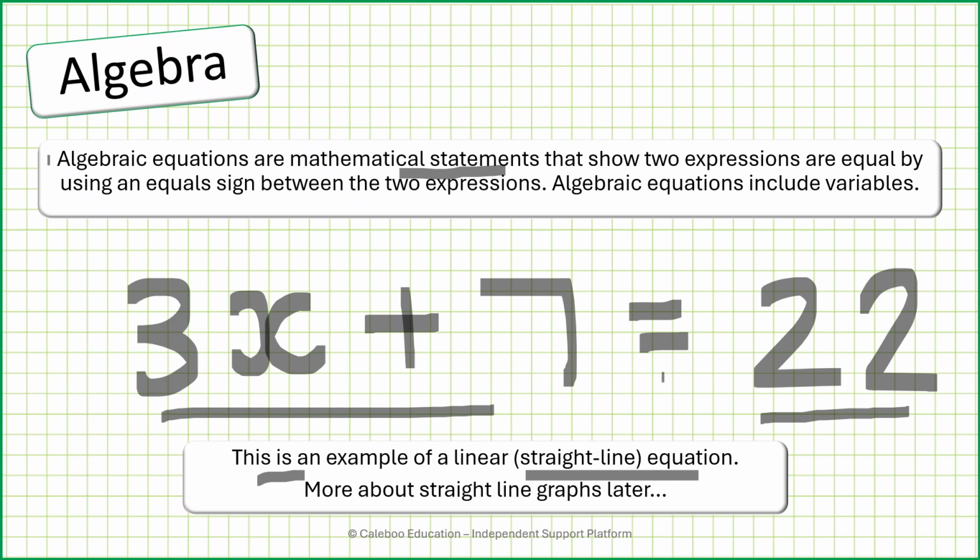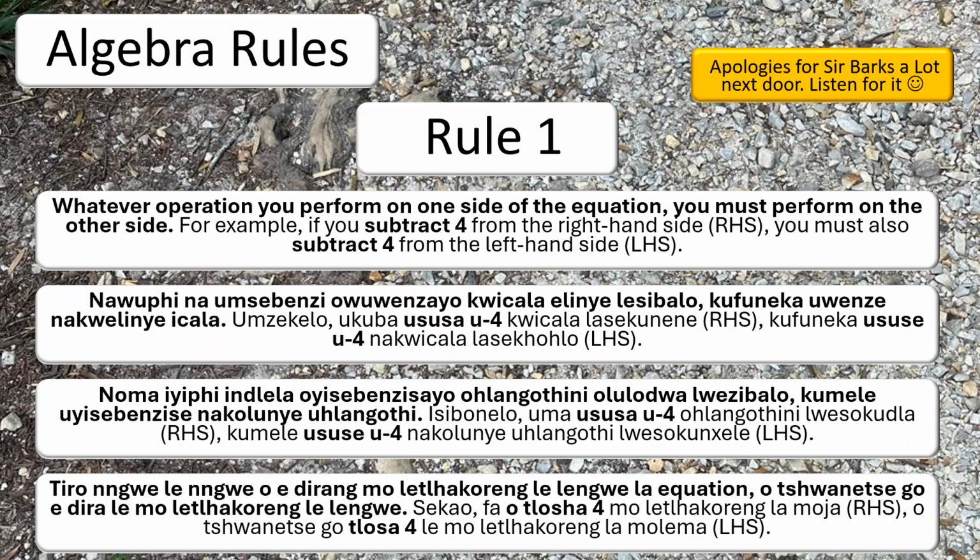For now, we're calculating algebraic equations, solving for x, solving for the unknown. There are a number of rules that apply in order to do these calculations. As we practice in the next video, we will practice these rules, but let's have a look at what the rules are.